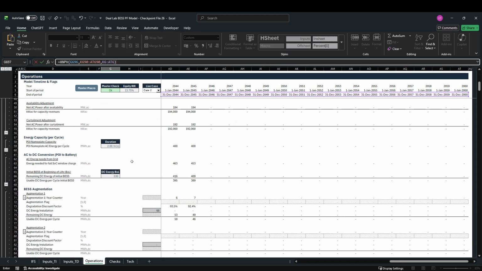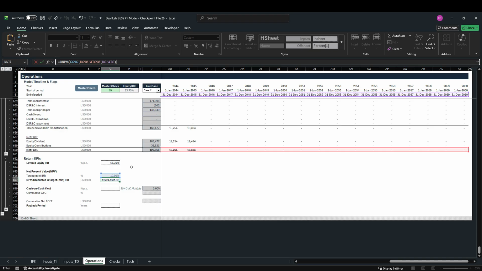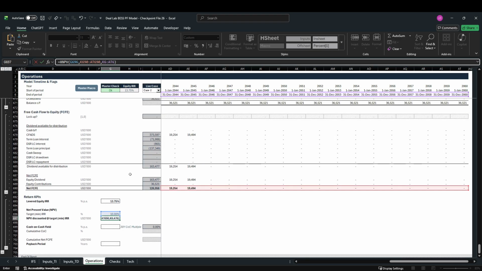And before we hit enter, we do expect a positive value for this formula. Why is that? Because we know that our levered equity IRR is above our hurdle. So if our actual IRR is at 13.7%, that is 3.75% above our 10% minimum target, which means that our NPV must be positive.